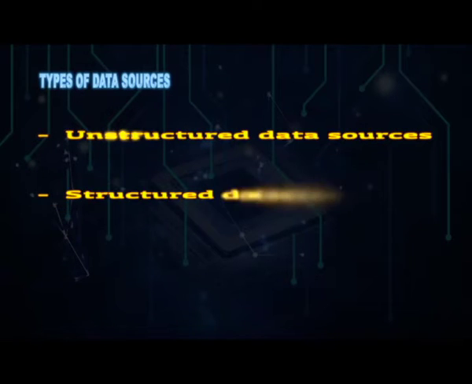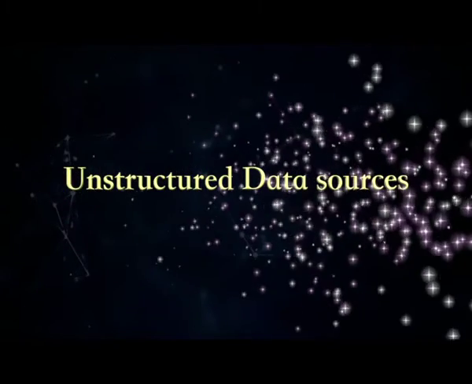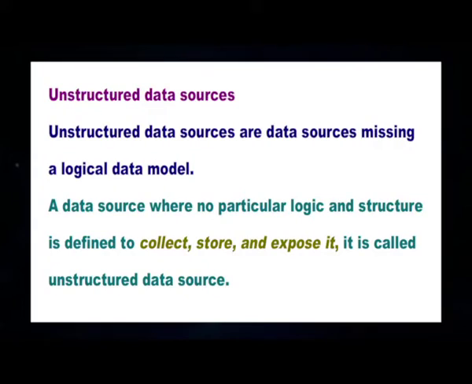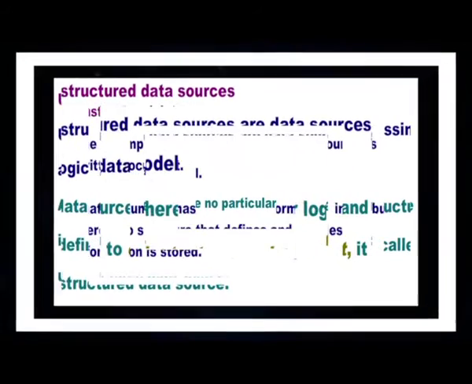So, what are the various types of data sources? There are a range of data sources. Each type will require different data modeling techniques. First, unstructured data sources. Unstructured data sources are data sources missing a logical data model. A data source where no particular logic and structure is defined to collect, store and expose it is called an unstructured data source.